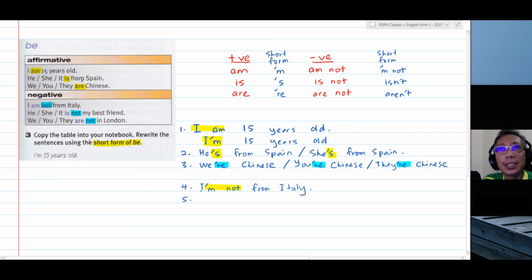The fifth sentence, he's not, or you can write as he isn't. Okay, let's just write the shortened one. He isn't my best friend. So if you use she, she isn't my best friend. It isn't my best friend.